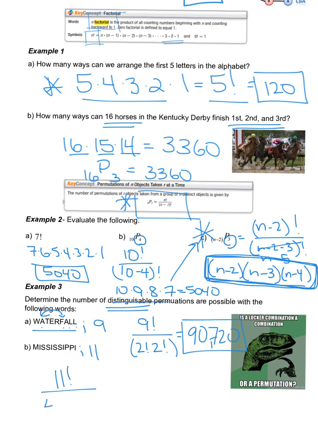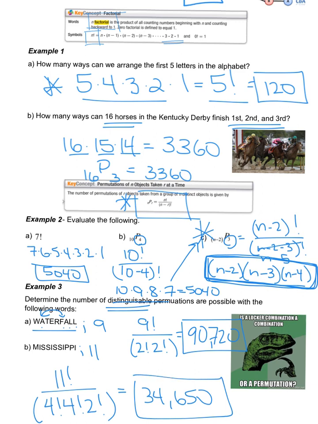So we divide by the repeats again, which is 4 factorial, 4 factorial, and 2 factorial. Make sure when you type it in your calculator, if you have multiple values in your denominator, you use parentheses, and you'll wind up with 34,650 different permutations in that instance.